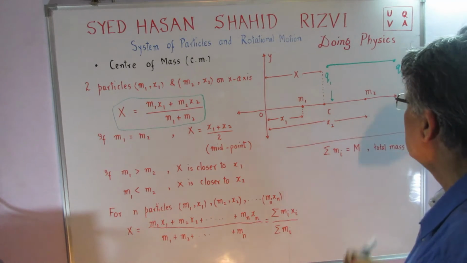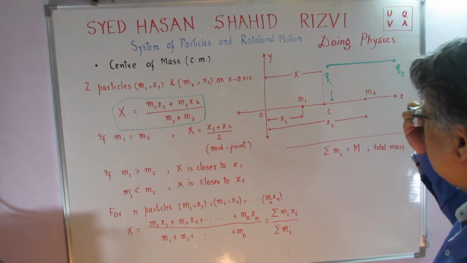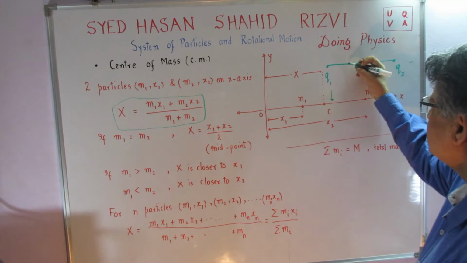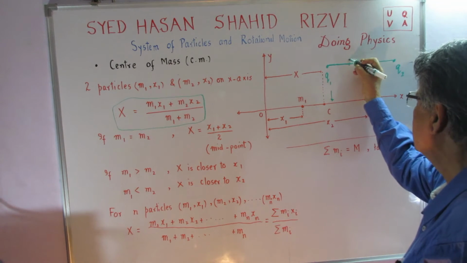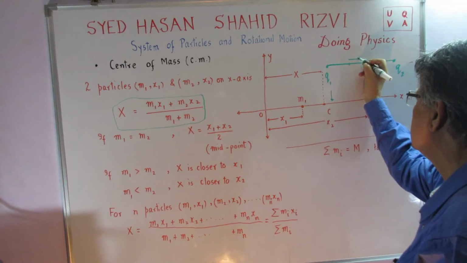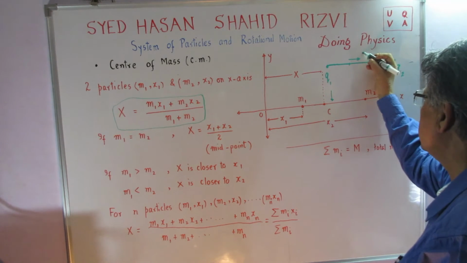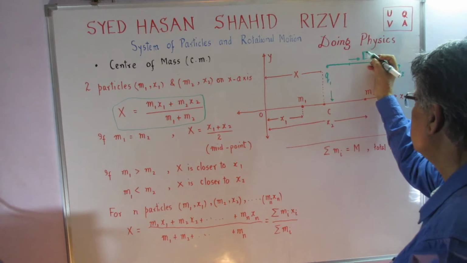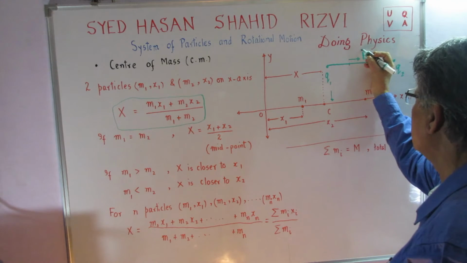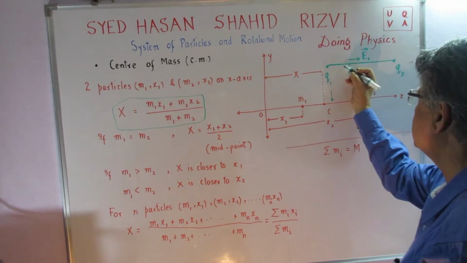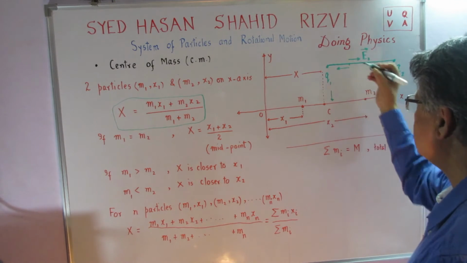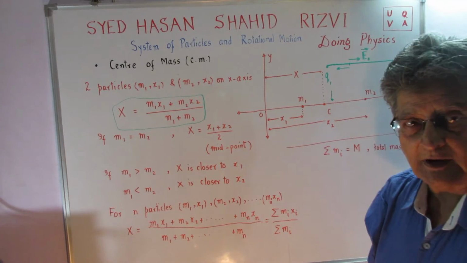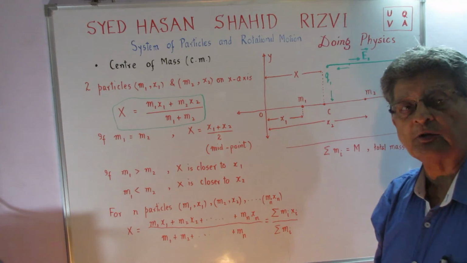Then if I imagine a point over here, the electric field due to this will be in this direction, E1, and the electric field at this point need not have any charge, because the electric field is defined as the force per unit charge.